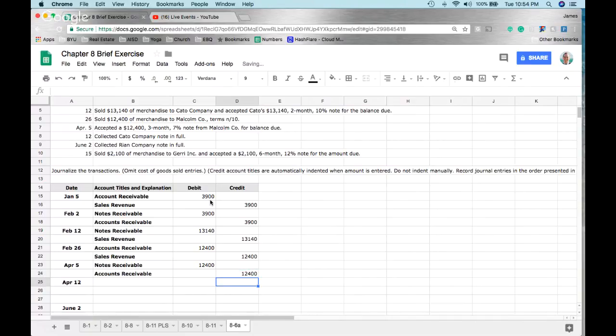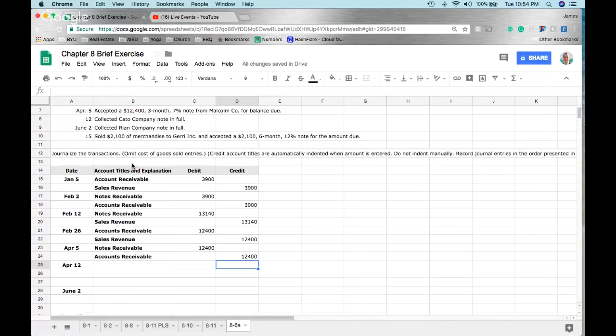All right, so April 12th, collected Cato Company note in full. So here's the accounts involved in this one, so we're receiving money finally. So it's cash, notes receivable, and interest revenue.